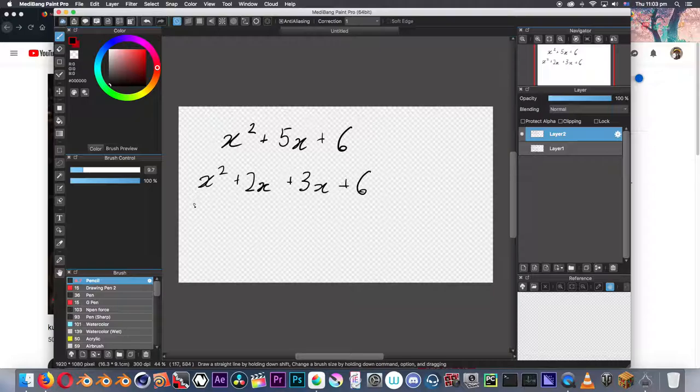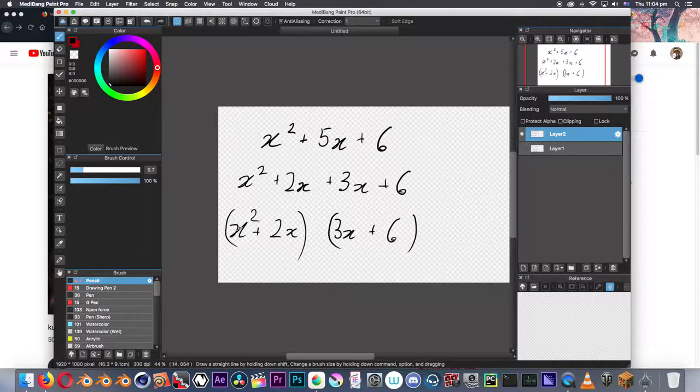And then we're going to put these into brackets. And then now you have to factorize these.